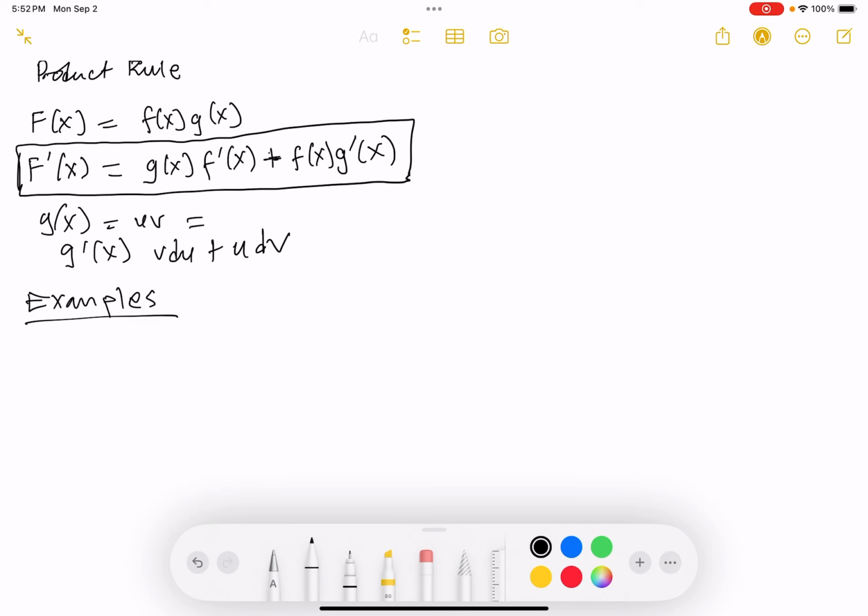So in this example, we'll find the derivative of 3x squared y cubed.